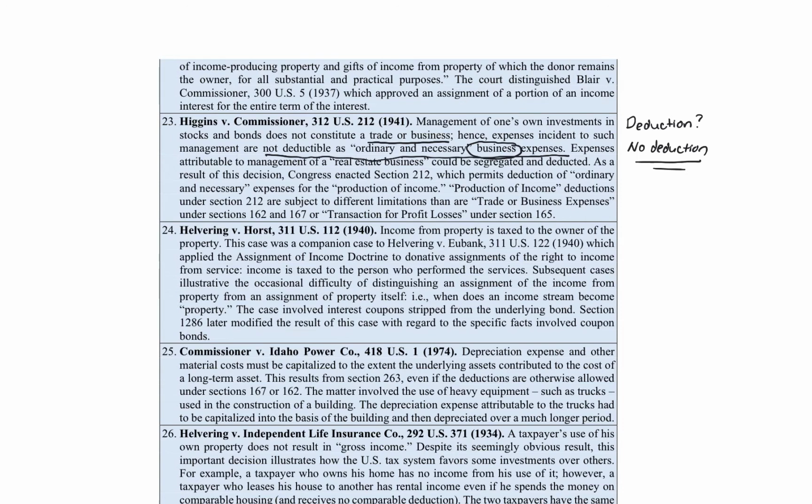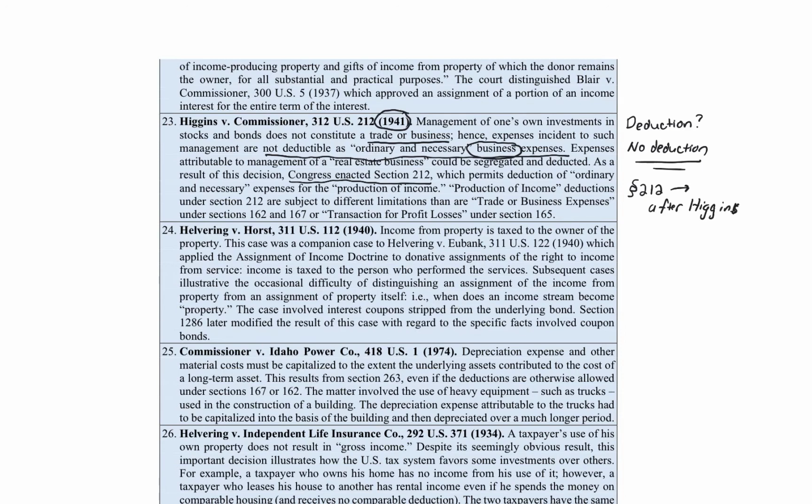So this is another thing. Sometimes the Supreme Court interprets Congress a certain way. What does Congress do? Congress then enacts Section 212 later. So this case came out in 1941. Section 212, which deals with investment type activities, came after Higgins. So it was a response to Higgins.